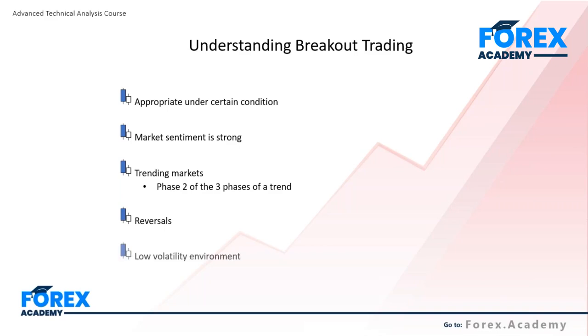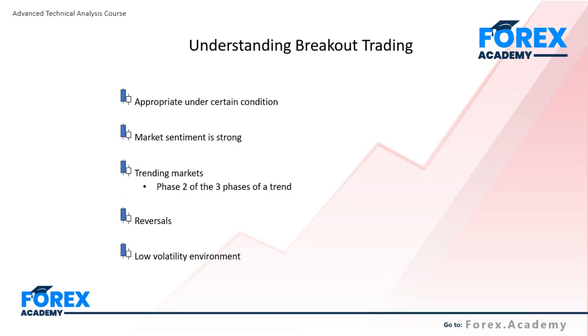It's important to note that breakout trading is appropriate under a low volatility environment. Now, when markets are trending, if we look at the second point, and when markets are in phase 2, then it is most likely that the market is currently trading within a low volatility environment. Trends in markets are a reflection of low volatility.